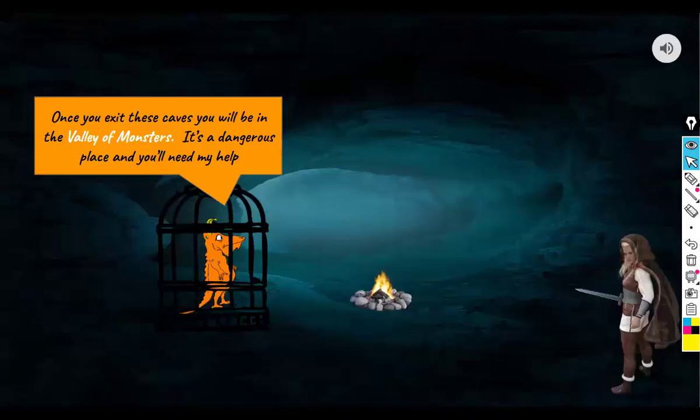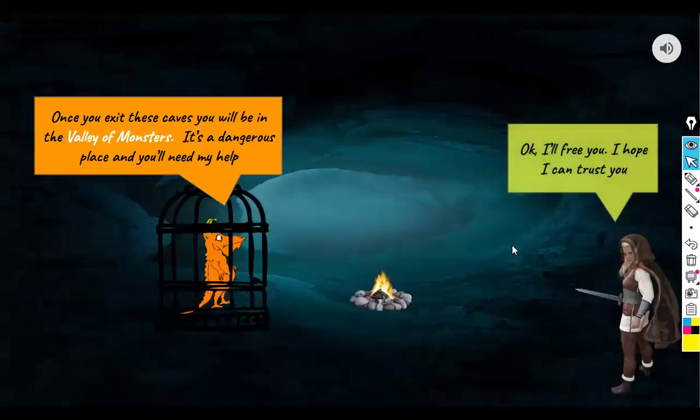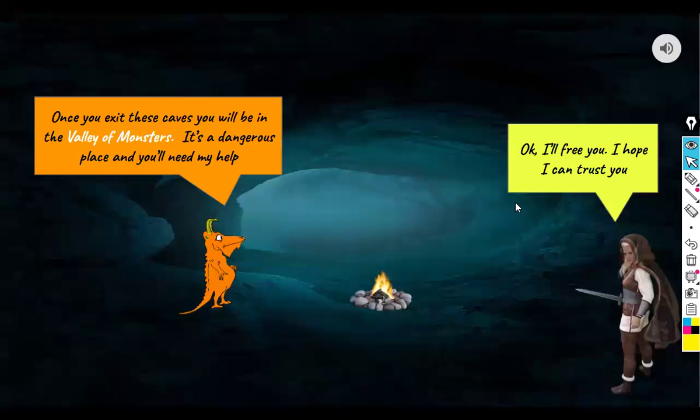So it's in our best interest to free him, and he will guide us through the Valley of Monsters. So we free him. I don't think we have much of a choice. We're in a strange place, and we may need a guide to go through the Valley of the Monsters.